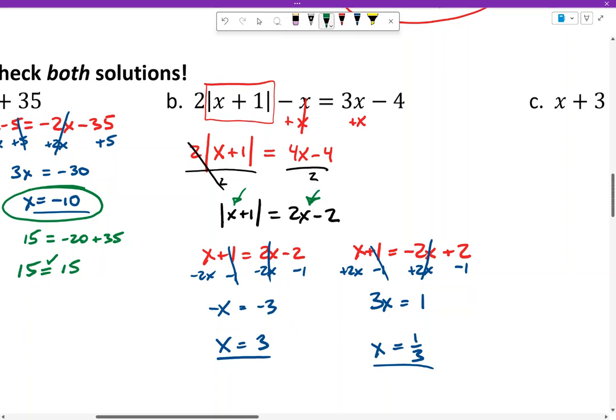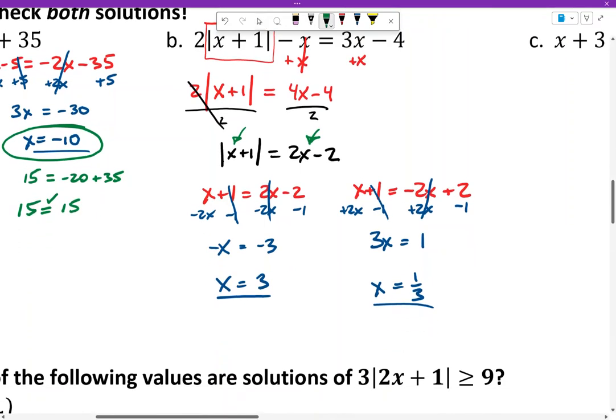So that's what we'll do because it is less work. Okay, so let's put in x equals 3. 3 plus 1 is 4, the absolute value of which is 4. Put in 3 for x here. 2 times 3 is 6 minus 2. And 4 does equal 6 minus 2. So x equals 3 works.